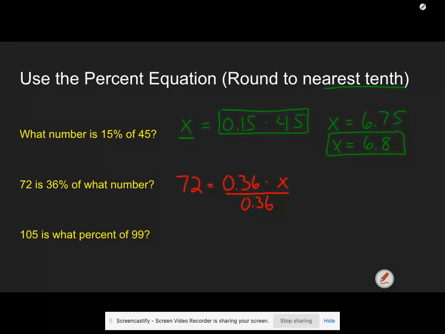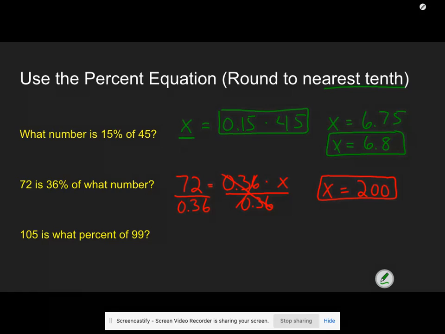So I'm going to divide on both sides, because remember, this dividing by itself cancels out. So I'm left with x equals, and then I would take 72 divided by 0.36 on my calculator to find that the answer is 200. So 72 is 36% of 200. It's how you would read the final answer to that problem.